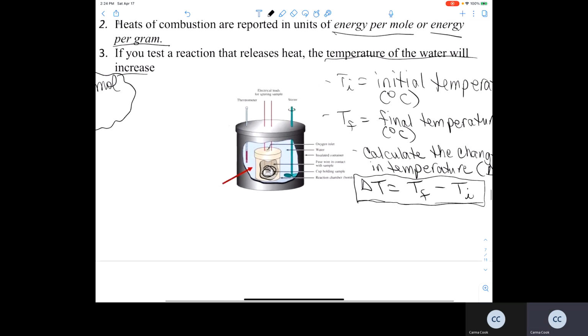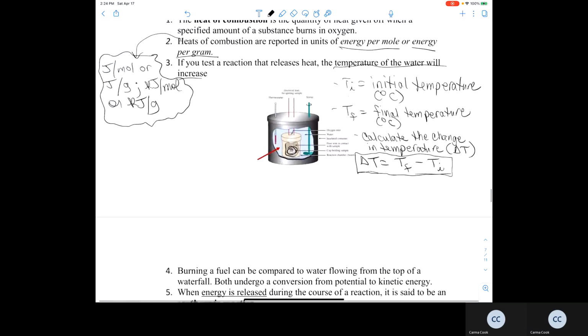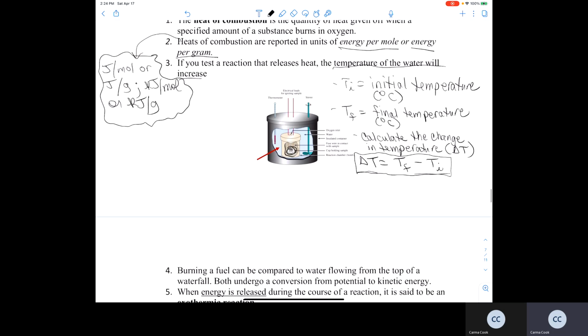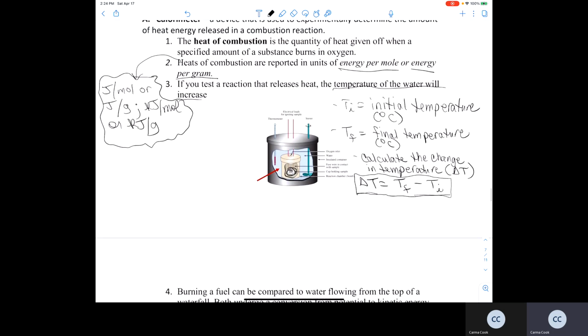And then you can calculate the amount of heat that is absorbed by the water. The substance, whether it's fuel or food, that is being combusted is going to lose heat. Heat is usually symbolized with a lowercase q.